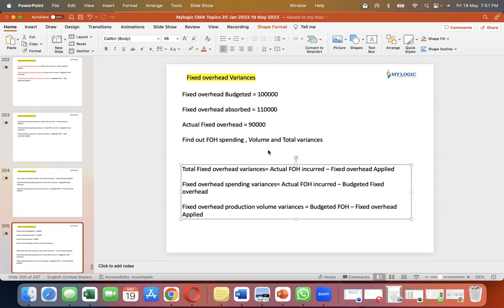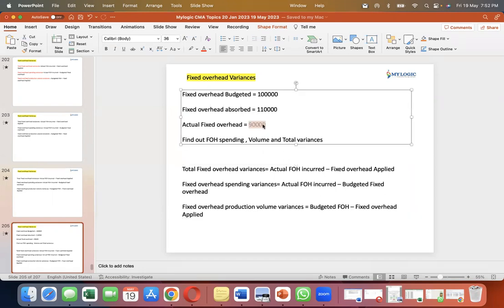Actual overhead incurred, I have given actual fixed overhead. Fixed overhead absorbed is there. Fixed overhead budget is also there. But you should have one more question. What is that question?